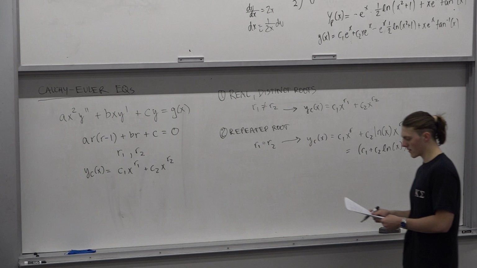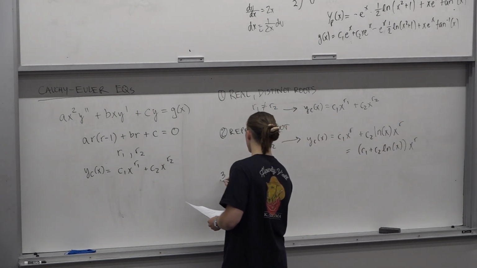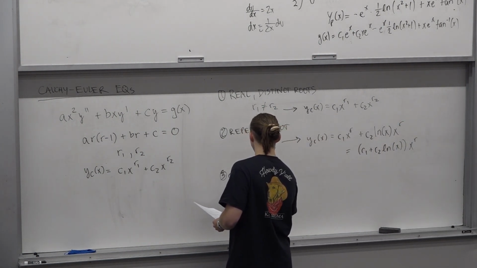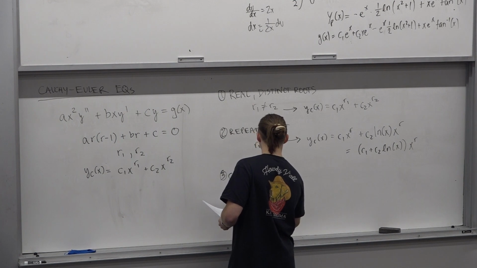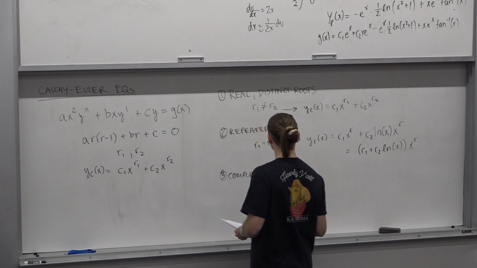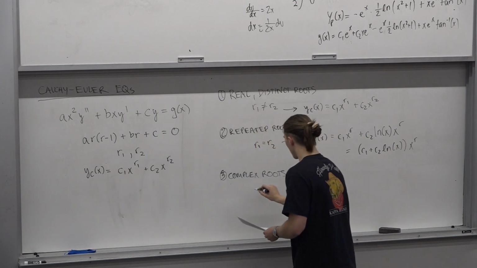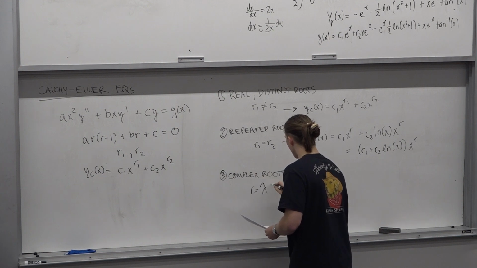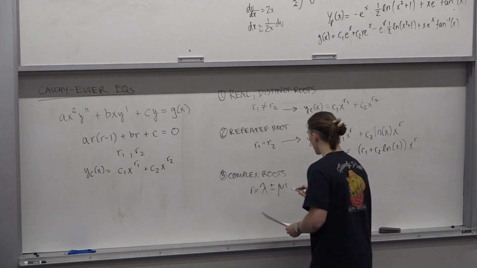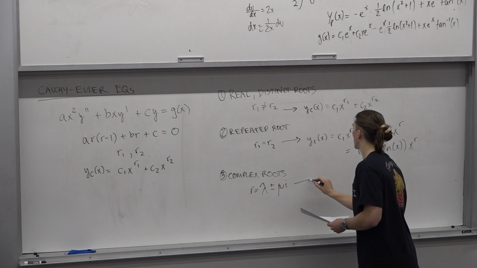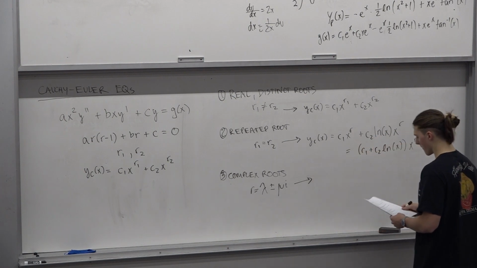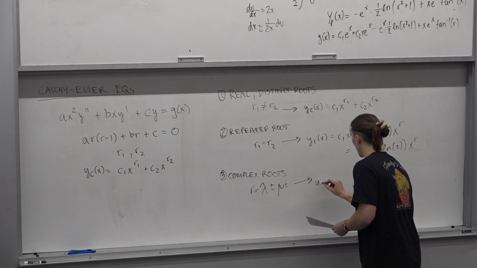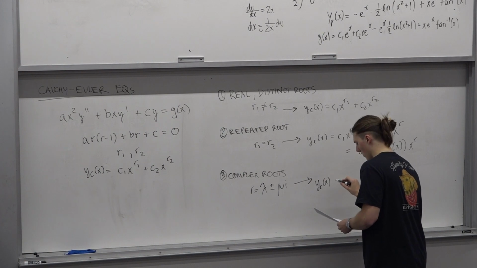And then finally, if we have complex roots, we have R in the form of lambda plus or minus mu times i. We have a new form that looks like this.